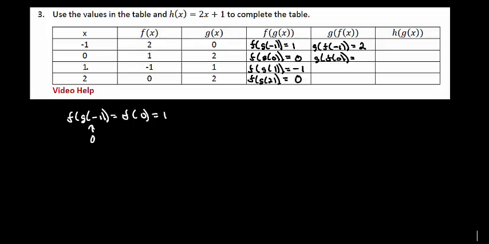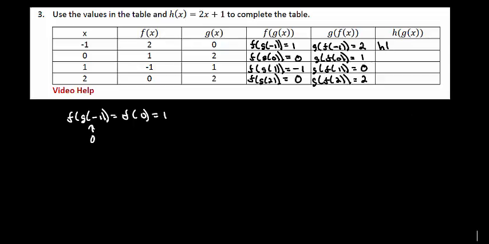And then I take that value and I plug it into g and I get 1 out. So g of f at 1, I take 1 and I plug it into f and I get -1 out. And then I take -1 and I plug into g and I get 0 out. Okay, last one, we take 2, we plug it into f first, and we get 0. Then we take 0, and we plug it into g, and we get 2 out.